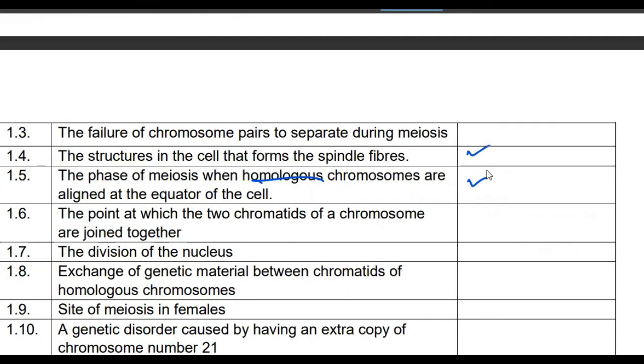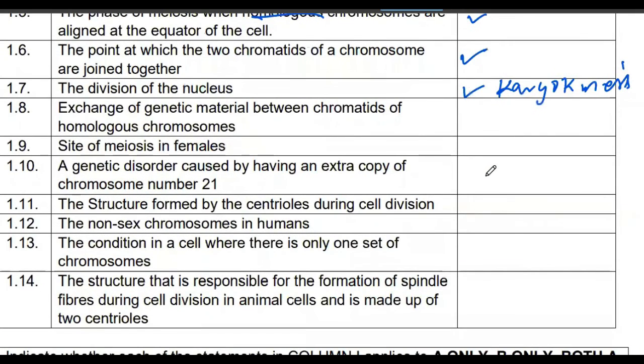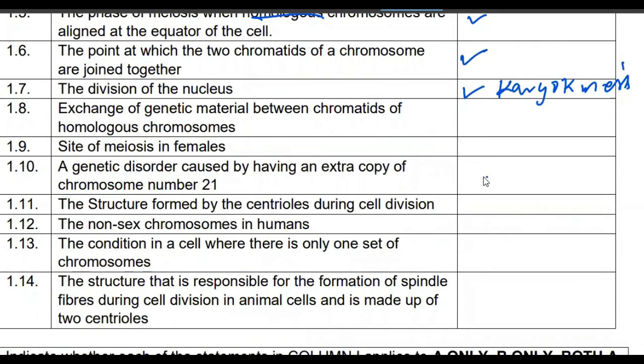The point at which the 2 chromatids of the chromosome join, we call it centromere. This division of the nucleus is karyokinesis. The site of meiosis in a female is the ovary, so you write ovary there. The exchange of genetic material between chromatids in the homologous chromosome is crossing over.